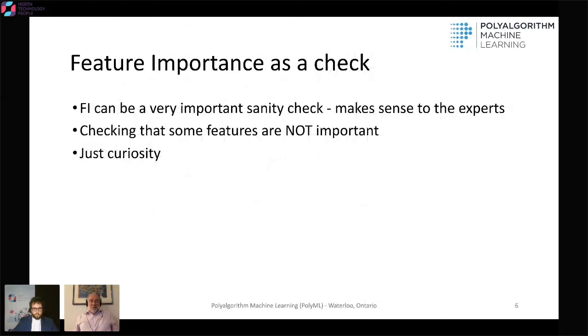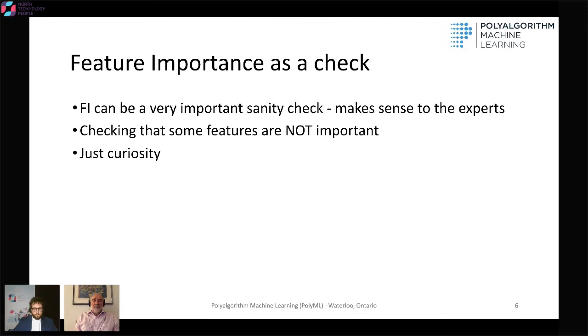So the second use of feature importance is as a check. When we have a model and we have auditing or we have a situation where people want to understand how this has been done and whether it makes sense or not, the experts will want to understand on what the decision is being made. So it's a bit of a sanity check.